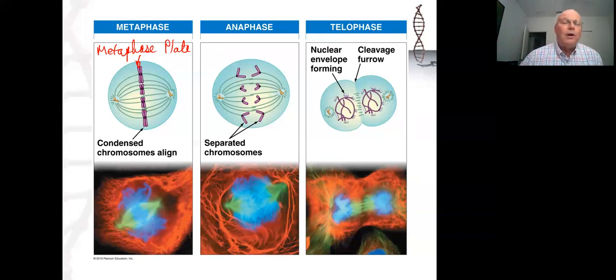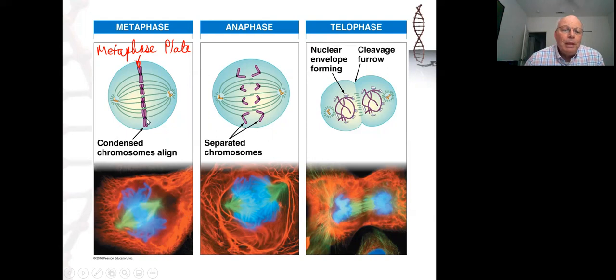And that's what all of the chromosomes line up on, this virtual line called the metaphase plate. And that's how you recognize metaphase. If you see the chromosomes more or less lined up in the center of the spindle, and here you can see a picture of an animal cell in metaphase, I know it doesn't seem like the chromosomes are necessarily lined up in the middle of the spindle, but they are. You have to use your imagination a little bit to recognize that. But this is a classic metaphase cell.